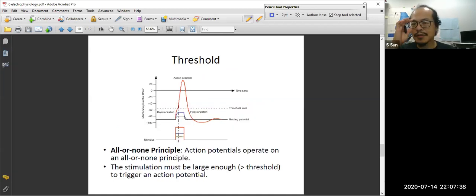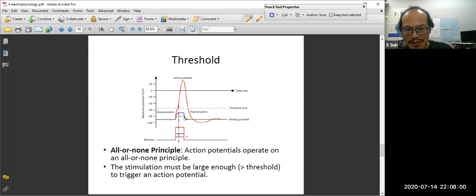So for the threshold, say we have a stimulus that has not reached the threshold yet. If we have a stimulus at this level, it will only cause the membrane potential to rise a little bit. This is not an action potential.